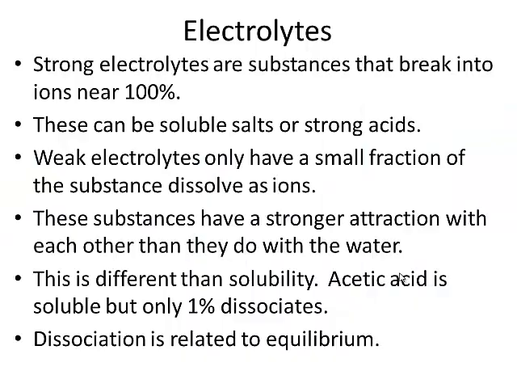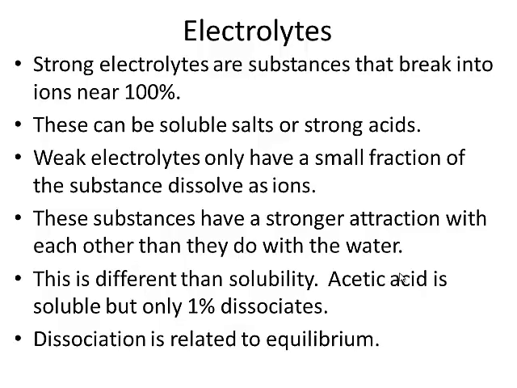When we refer to strong electrolytes, we refer to substances that break into ions near 100%. These are your soluble salts or strong acids, so hydrochloric acid or sodium chloride. These are considered strong electrolytes because you don't have any or very few particles in the solution that are still staying together. Most of them have broken apart into ions, 99.9999%.